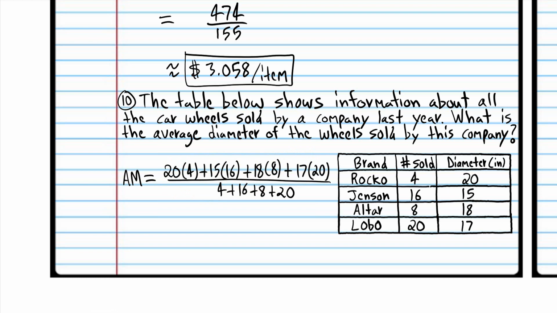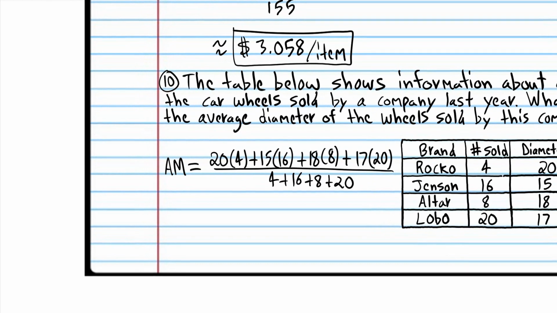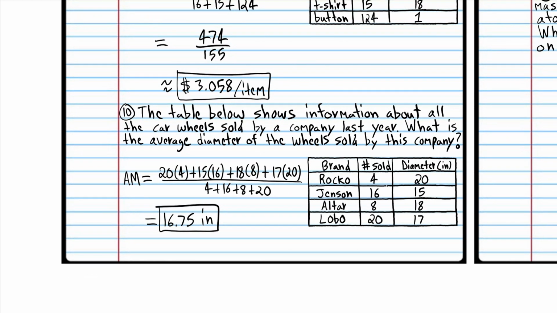So we're going to press enter, and we get 67 over 4. And if we enter 67 divided by 4, the calculator will give us the number in decimal form, and that is inches. So the average diameter is about 16.75 inches.